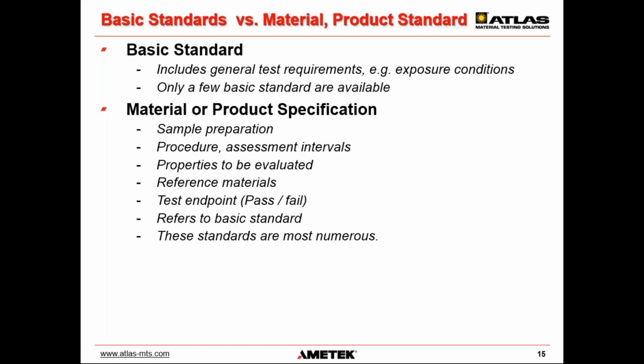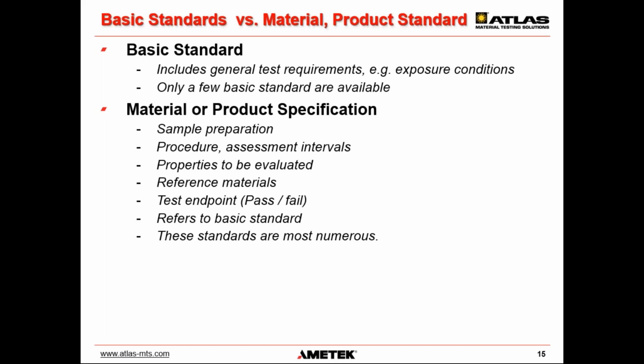These are general in nature, and there are only a handful of basic standards that are commonly used. However, while there are only a few basic standards, there are many material product specifications, which in turn refer back to these basic standards for specific exposure guidance.